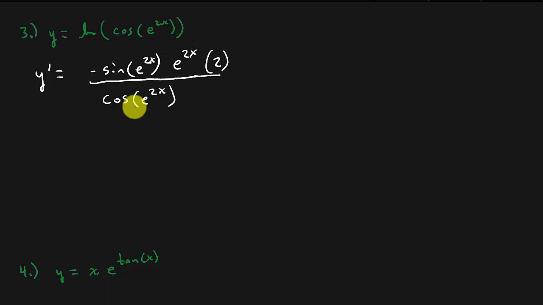The derivative of cosine is negative sine times the derivative of what you're taking the cosine of, which is e to the 2x times 2. And so this is going to give us negative 2 e to the 2x times tangent of e to the 2x.